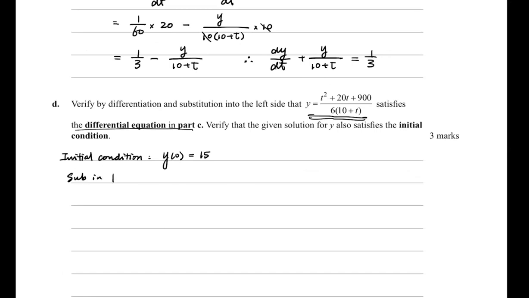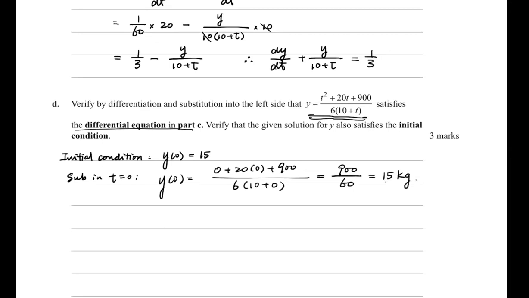Sub in t equals 0. y(0) is (0 plus 0 plus 900) divided by 6(10 plus 0), which is 900 divided by 60. So it will be definitely 15 kilograms of salt. That's it, correct.